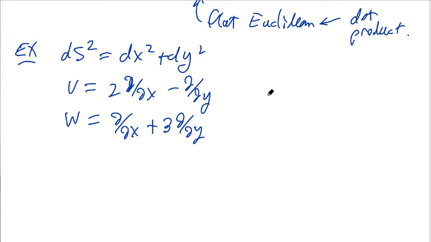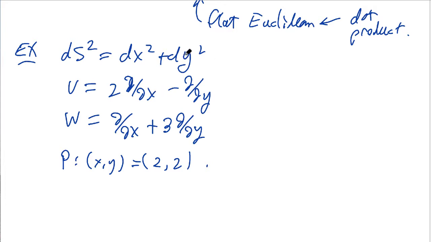And let's say these vectors sit at the point P given by x equal 2, y equal 2. All right, and let's take the inner product between these two vectors.